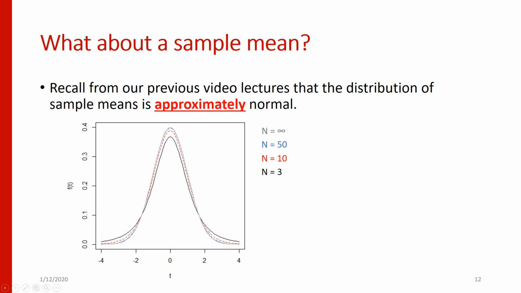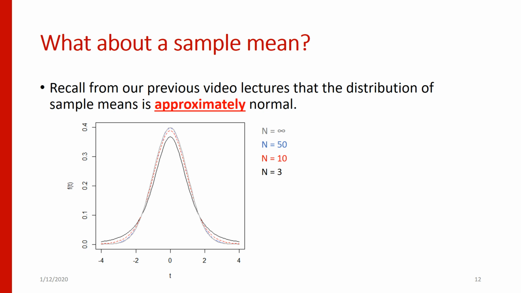In contrast, if I have a sample size of n equals 50, getting one really big score is balanced against 49 more modest scores, or one really small score is balanced against 49 more modest scores. So outliers have much less of an influence there. The distribution of sample means looks much more normal once we hit about n equals 50. And then it's going to be perfectly normal, at a theoretical limit, when n equals positive infinity.